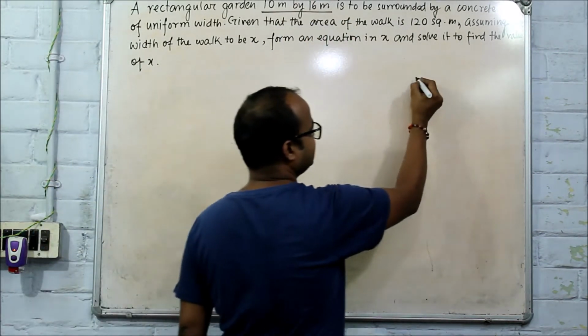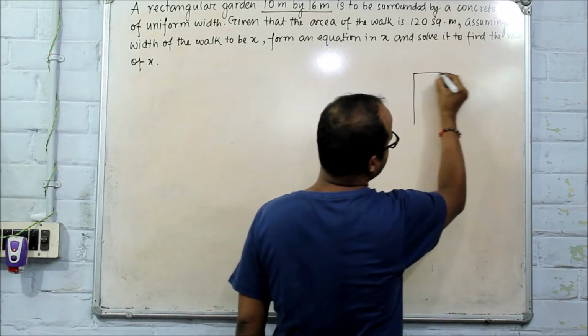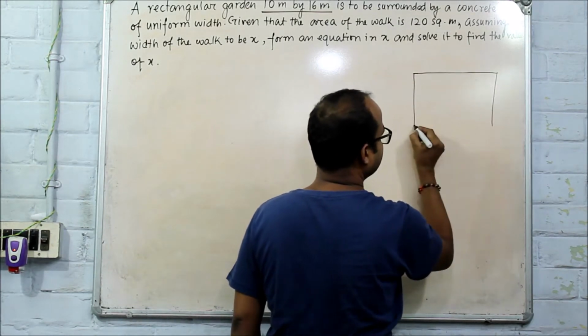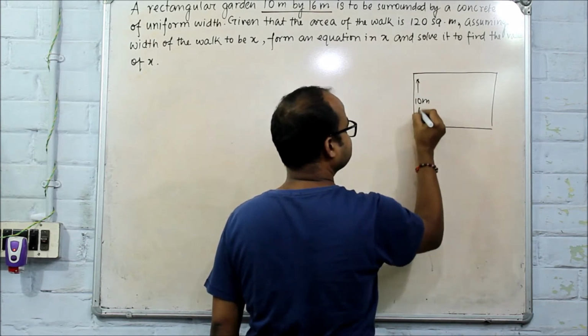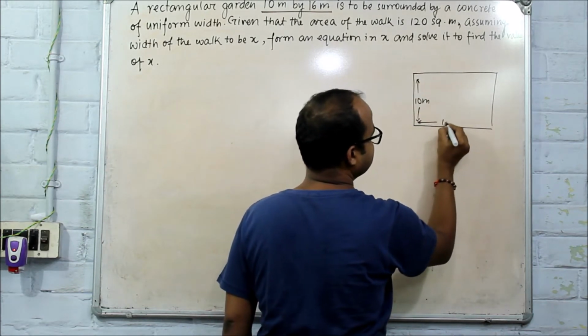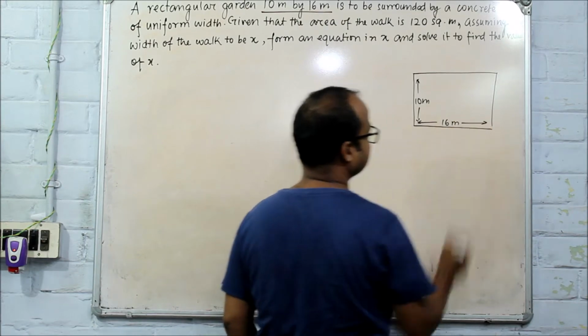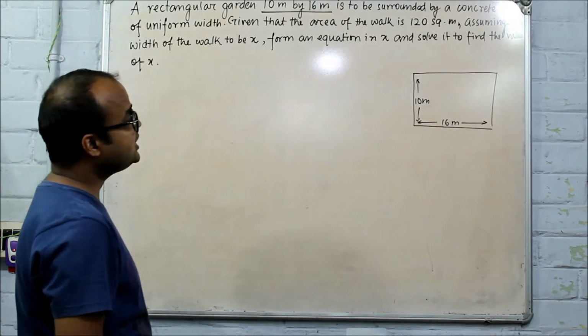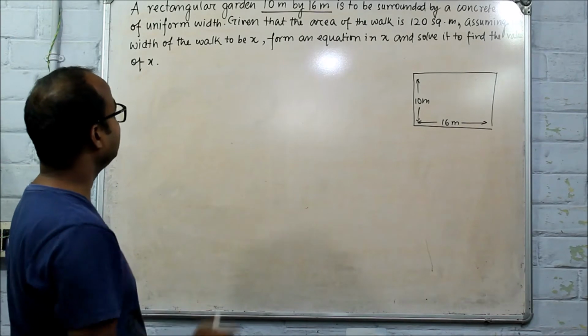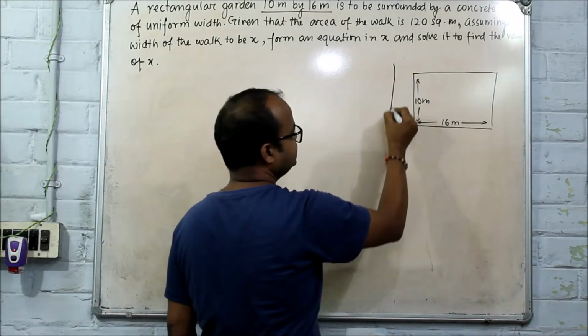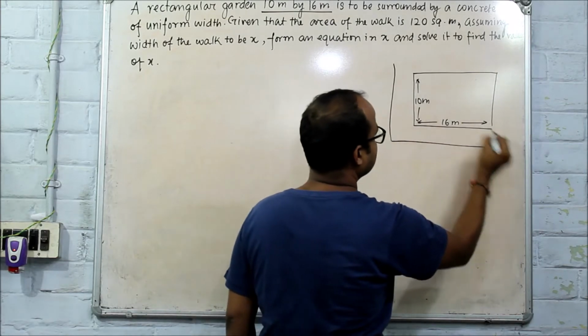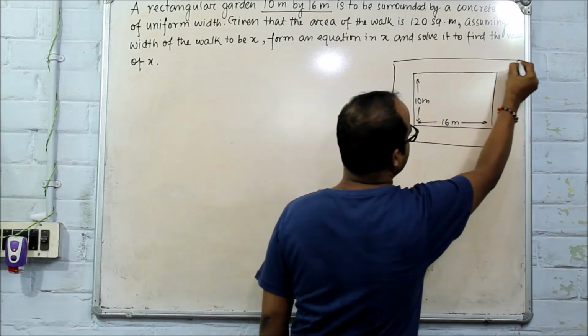So there is a rectangular garden, 10 meter by 16 meter, surrounded by a concrete walk of uniform width.